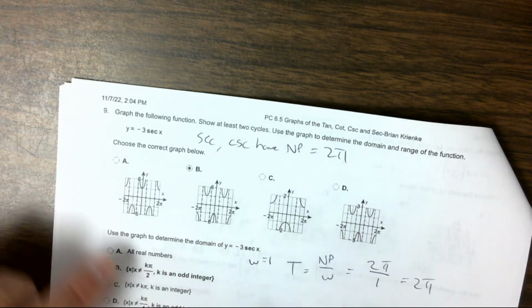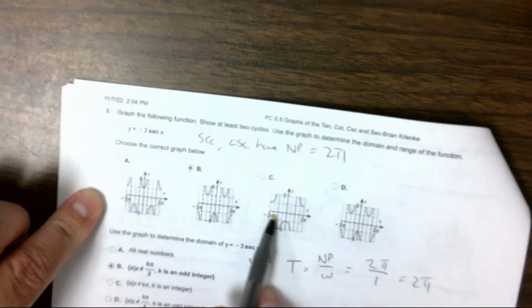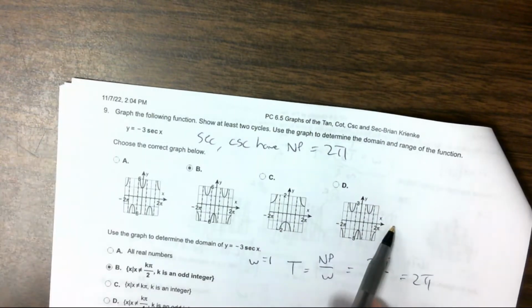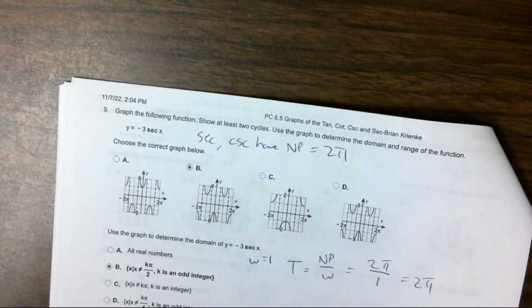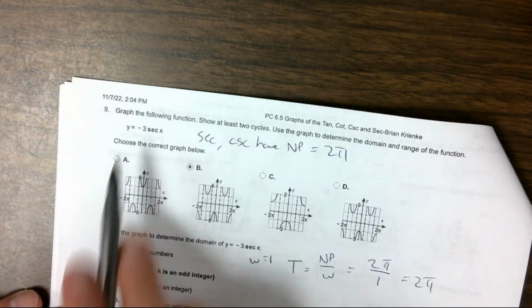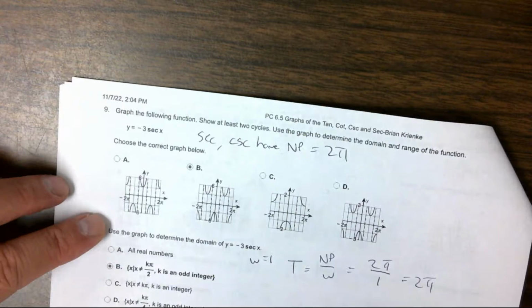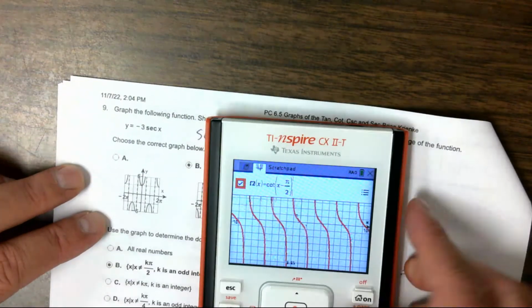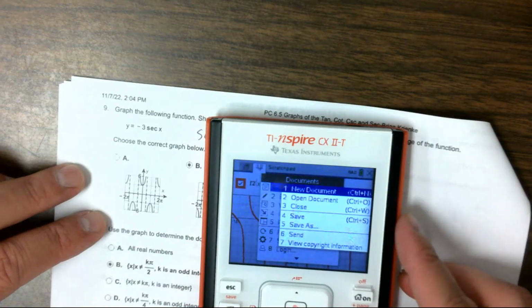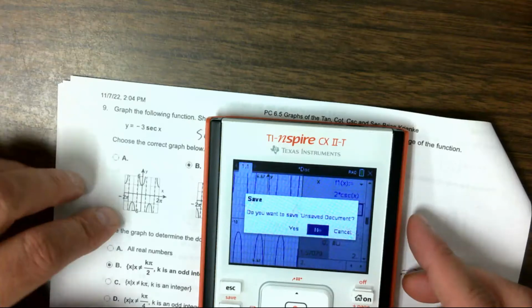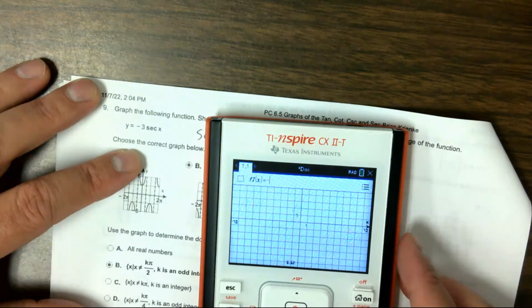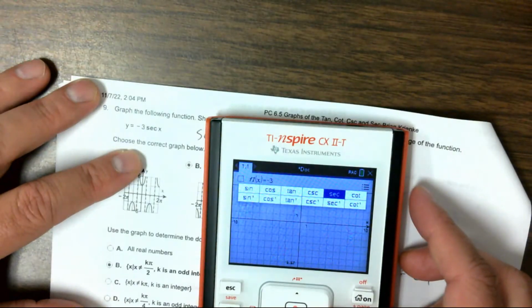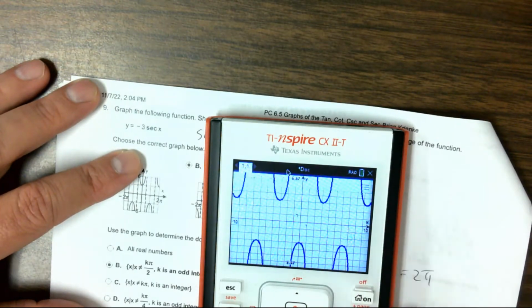Now all of them on this, looks like negative 2 pi to 2 pi. But you're going to have to graph it. It is reflecting across the x-axis. Negative 3 secant x. So there it is.